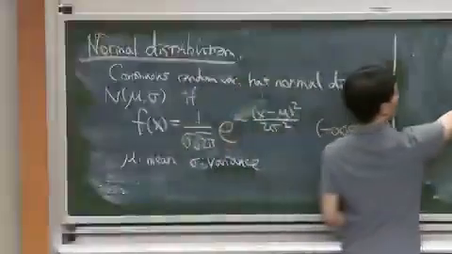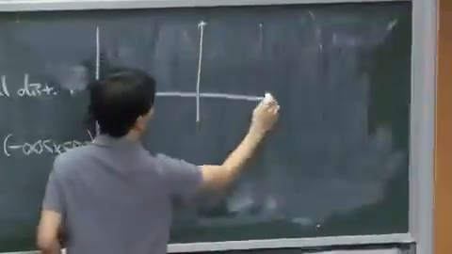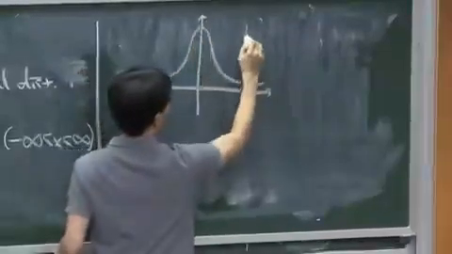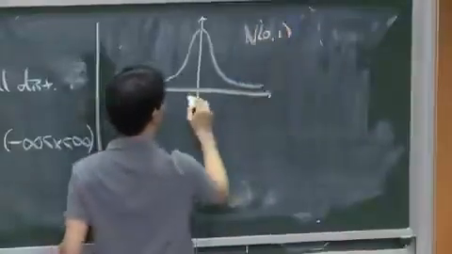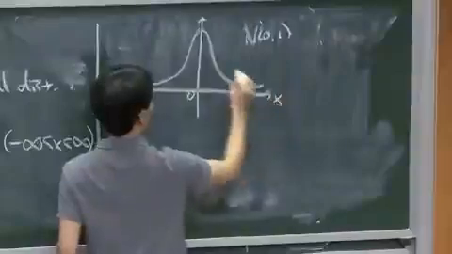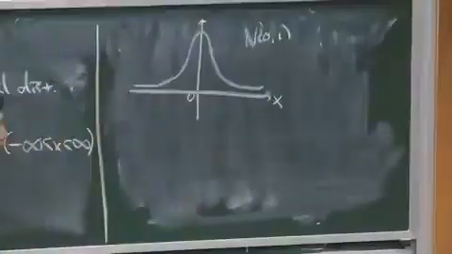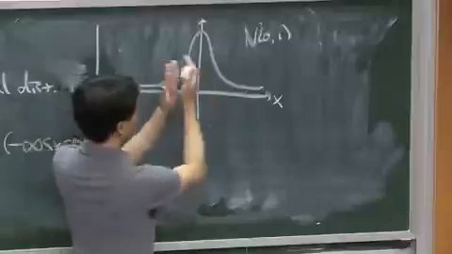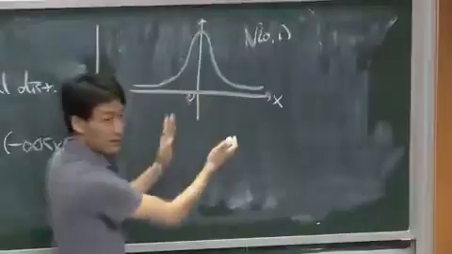Okay, so how does this distribution look? I'm sure you saw this bell curve before. It looks like this if it's N(0,1). It's centered around the origin, and it's symmetric around the origin.